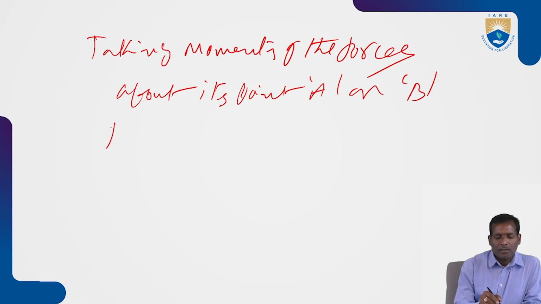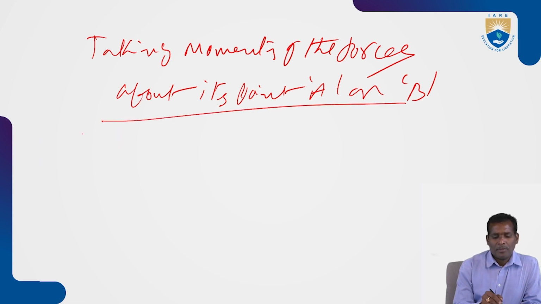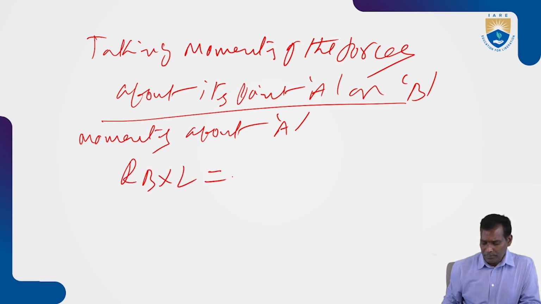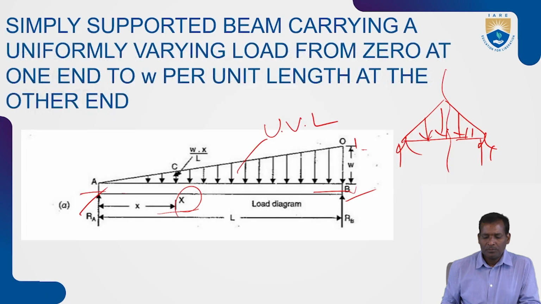Now take moments about A. RB multiplied with L is equal to the total load multiplied by the distance of its center of gravity.